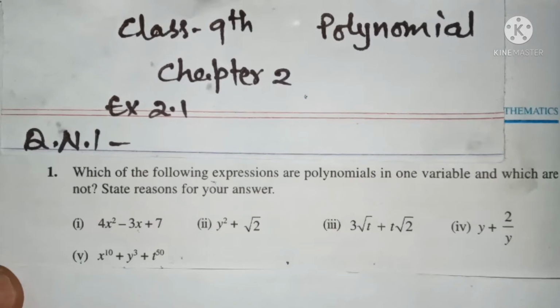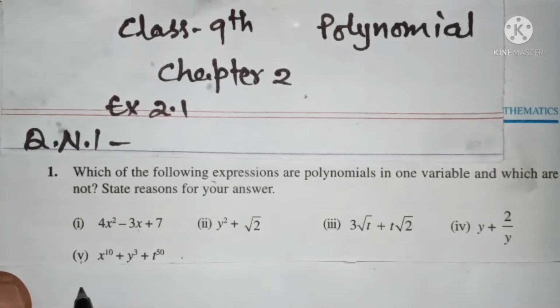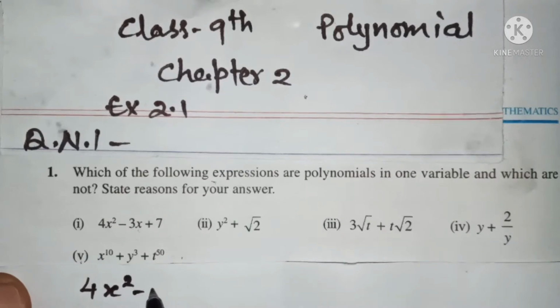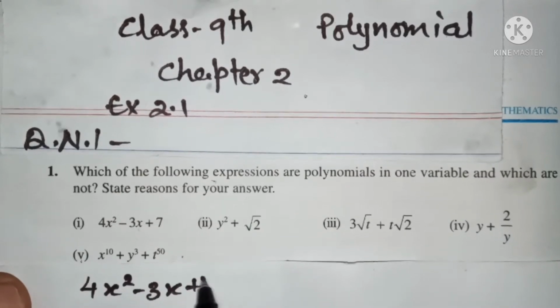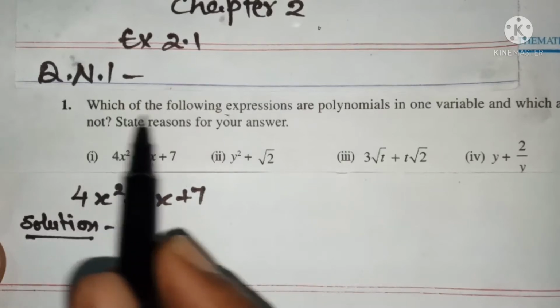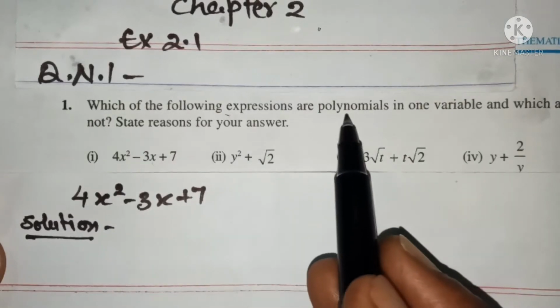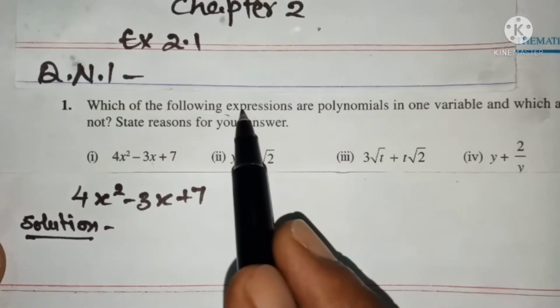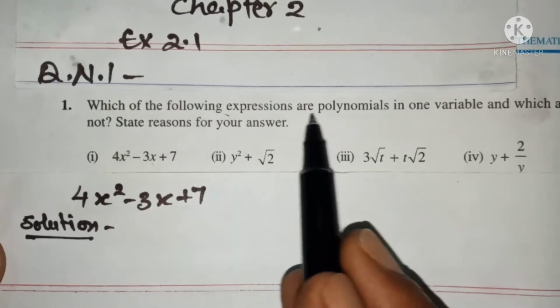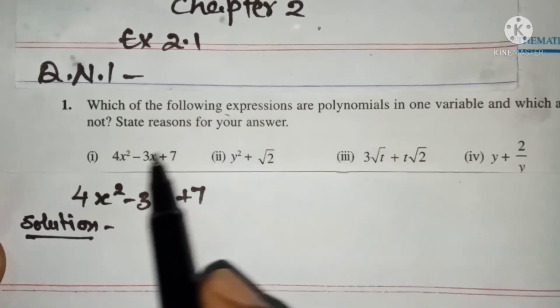In the first part, we are given 4x square minus 3x plus 7. Let us write down this expression: 4x square minus 3x plus 7. Here in the question we are asked two things. First of all, whether the expressions are polynomials.